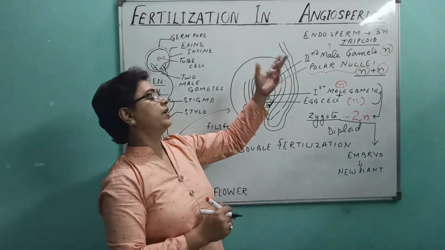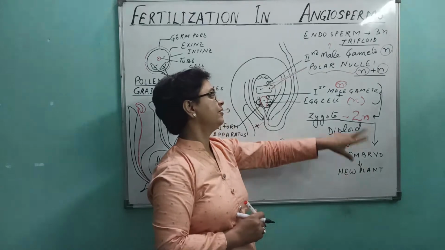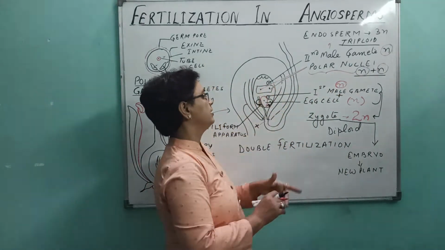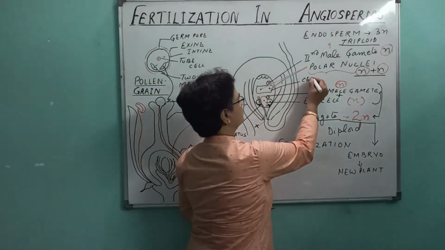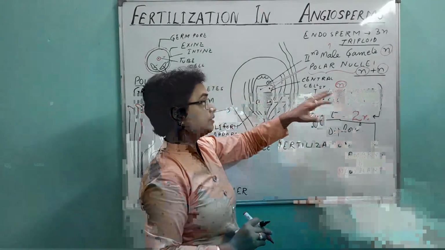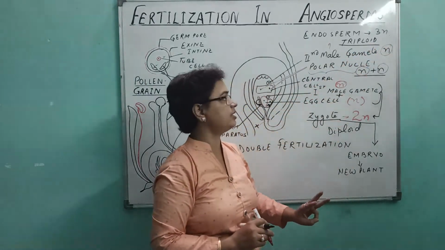In second fertilization, the second male gamete, again haploid in nature, fuses with 2 polar nuclei of the central cell. This one is the central cell. The fusion results in the formation of 3N, that is triploid nucleus.